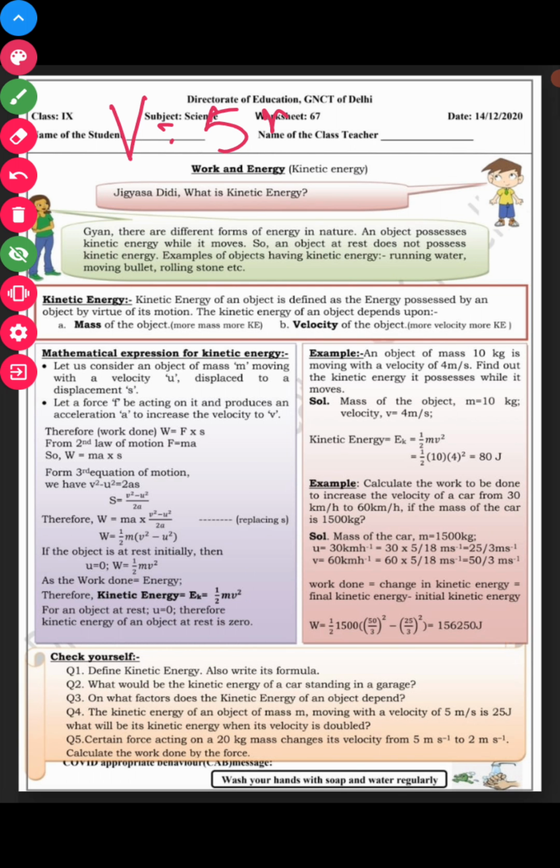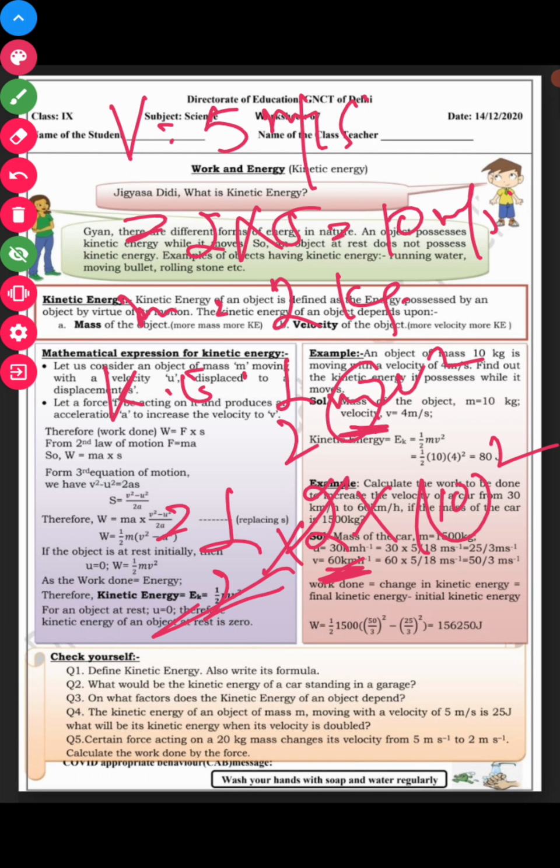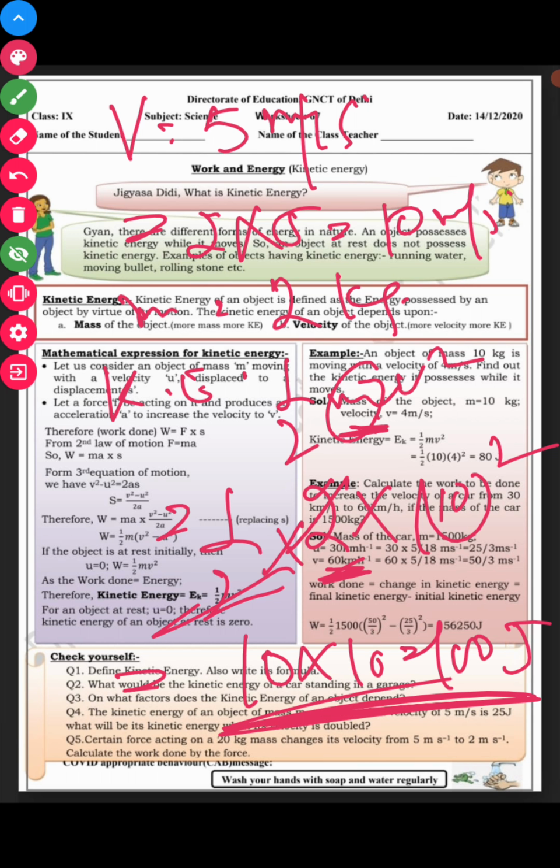We have 5 meter per second. We have to double this, so we multiply, that is 10 meter per second. Then m we have 2 kilogram. Kinetic energy formula is half mv square. Let's put the values: m we have 2. I had written 10 by mistake, so the right one is 2. Okay, that is why I am repeating it. 2, and this v is 10 square. This 2 is cancelled out, 10 into 10, that is 100 joule. This is the right answer.